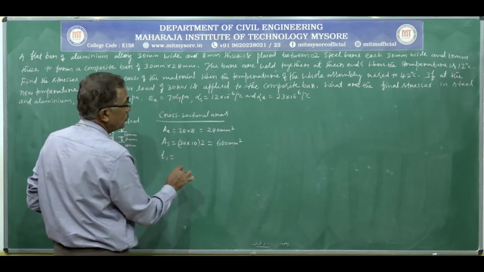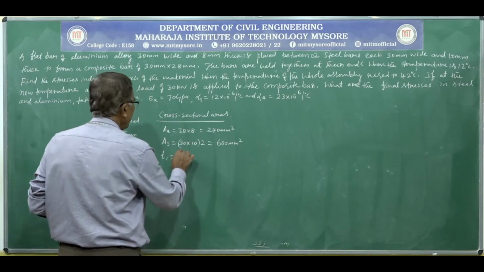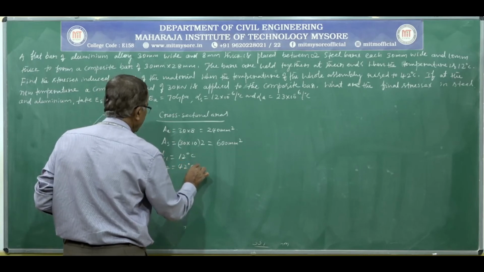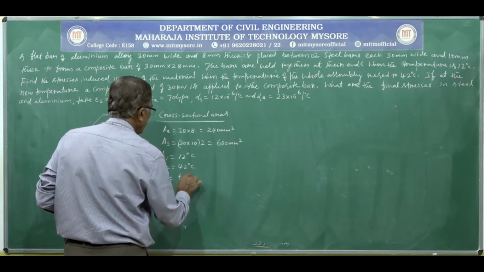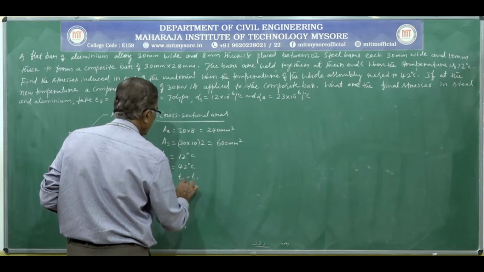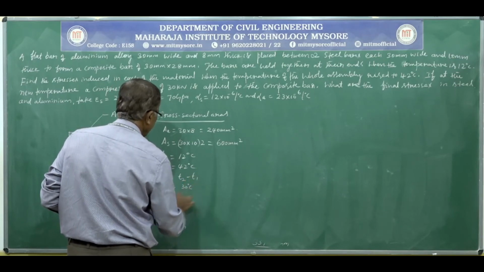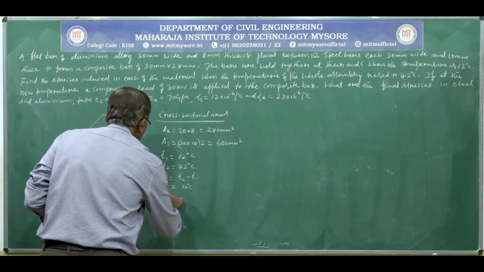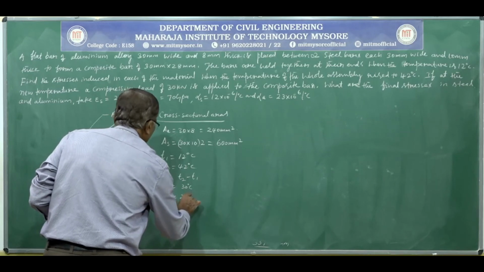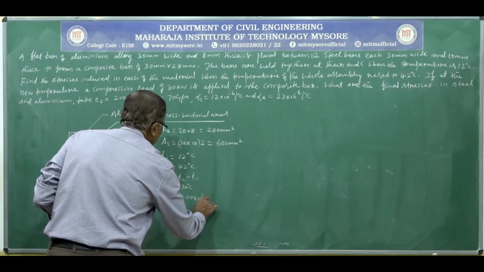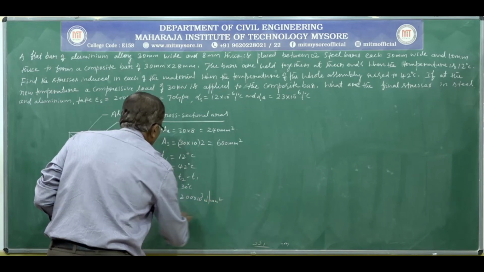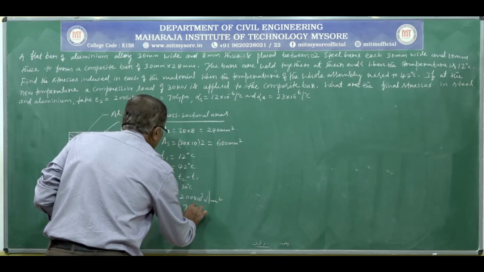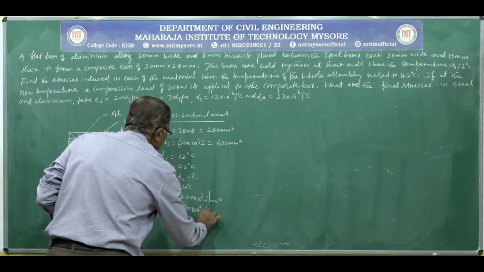Temperature T1 is equal to 12 degree centigrade and T2 is equal to 42 degree centigrade. Therefore, delta T is equal to T2 minus T1, that is equal to 30 degree centigrade. Given Young's modulus of steel, Es is equal to 200 into 10 power 3 Newton per millimeter square, and Young's modulus of aluminum Ea is equal to 70 into 10 power 3 Newton per millimeter square.